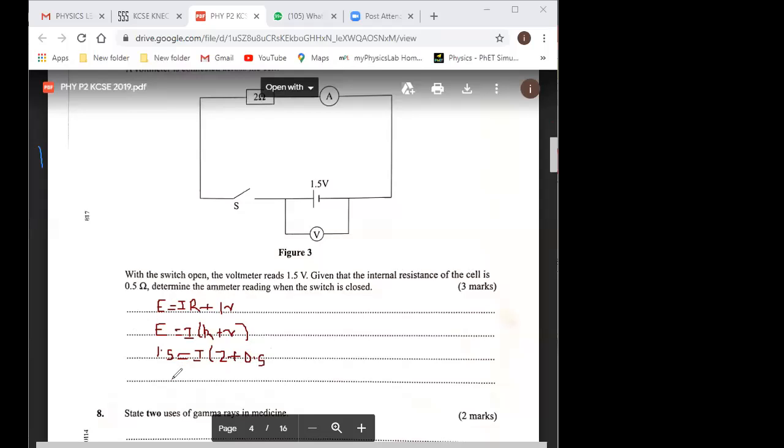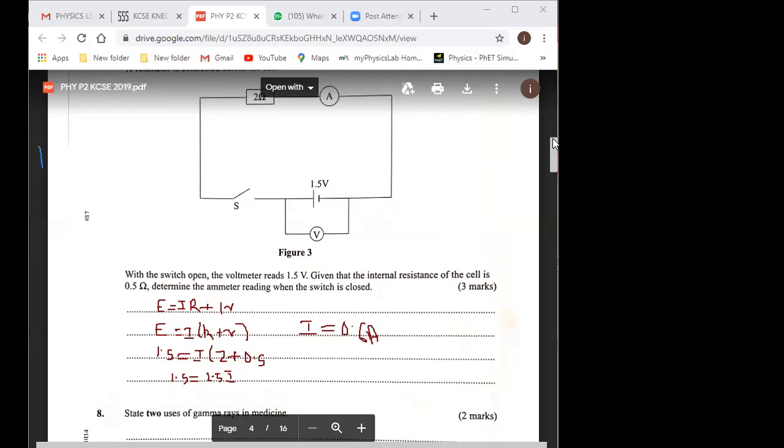In this case, we have 1.5 equal to 2.5 multiplied by I. Divide every side by 2.5, and finally our I becomes 0.6 ampere. So that becomes our final answer.